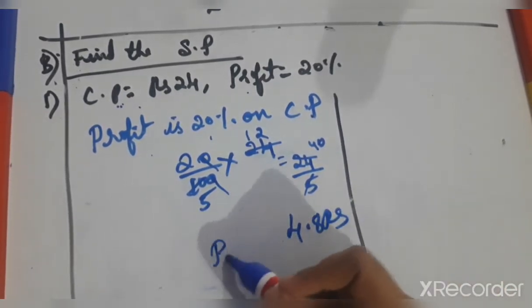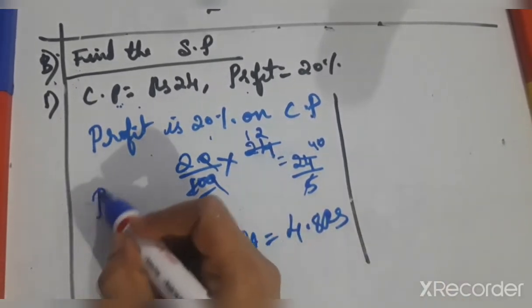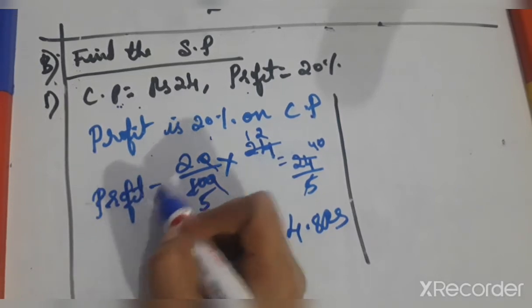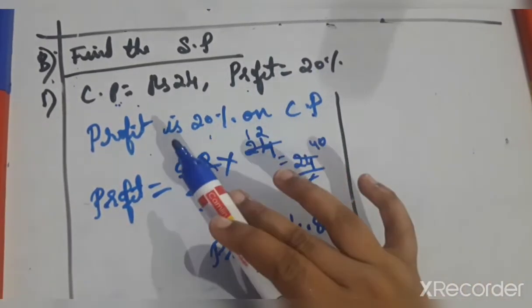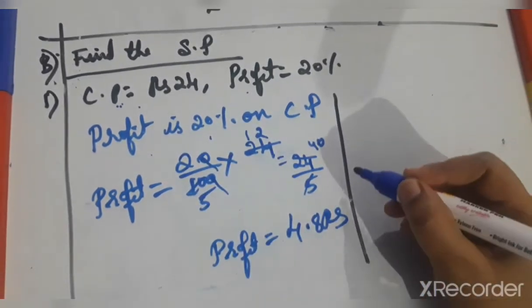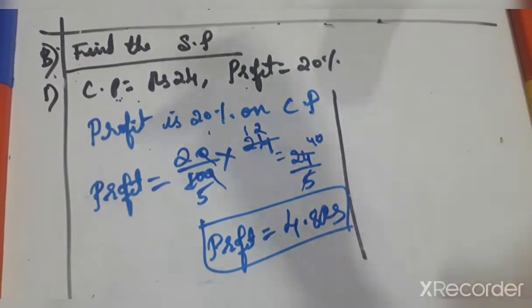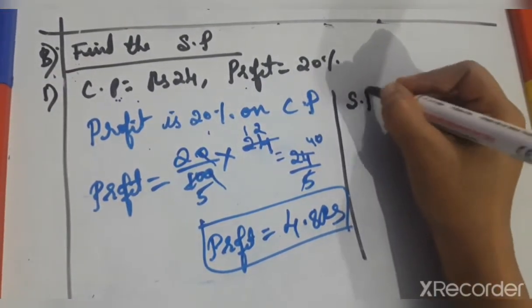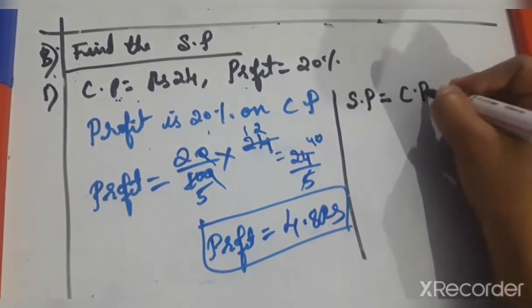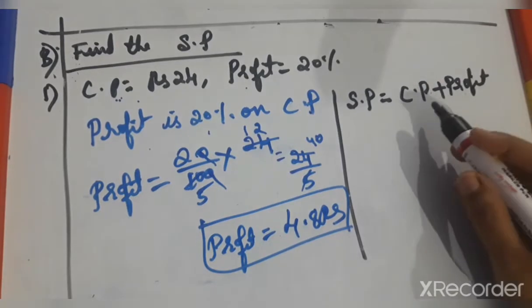4.8 rupees. This is the profit amount. Profit is calculated on the given percentage and always on cost price. Now we have to find selling price. When profit is given, selling price is equal to CP plus profit. Profit is added to the purchase amount.